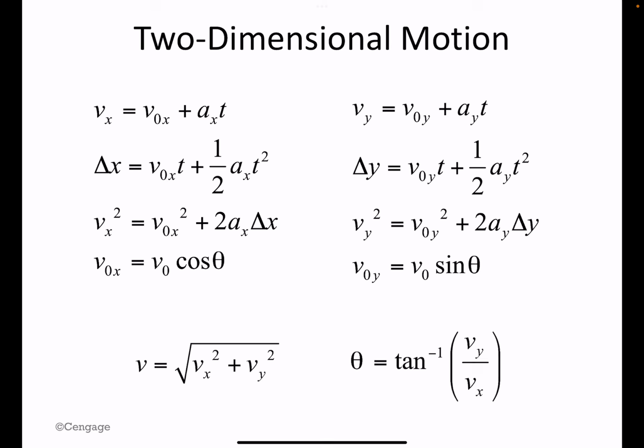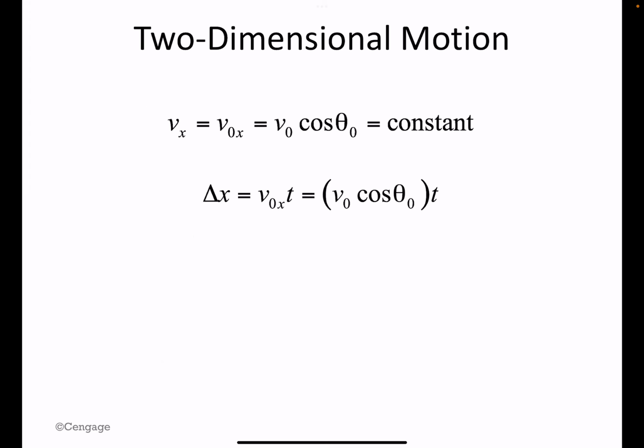So we should just apply our kinematic equation separately in the x direction and the y direction and solve it. In the x direction, as we said, there is no force, no change of velocity.